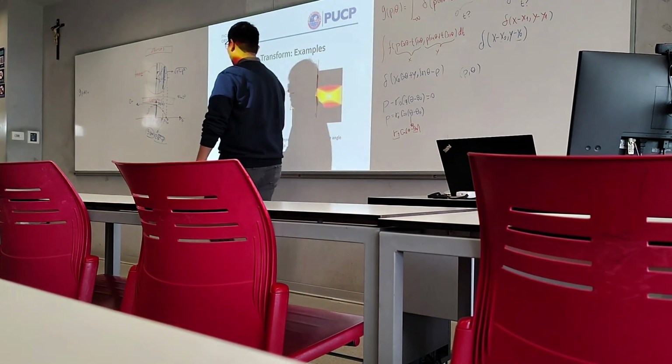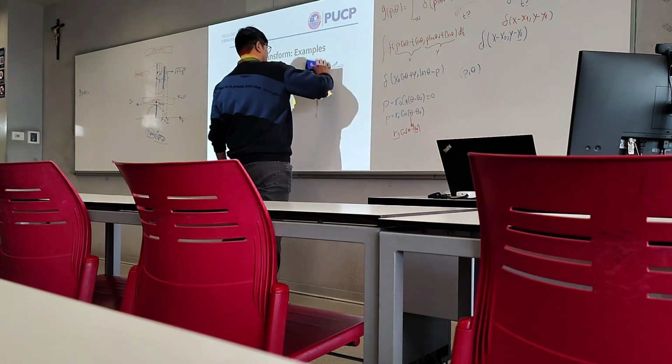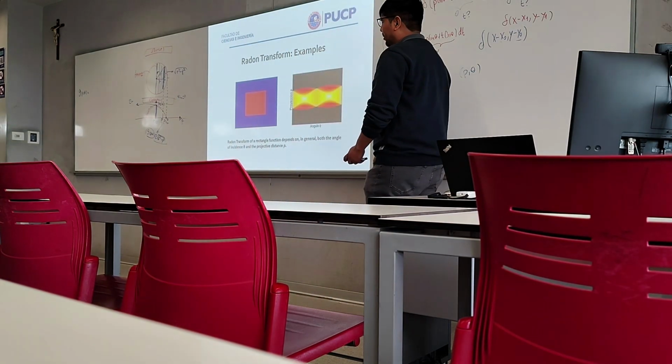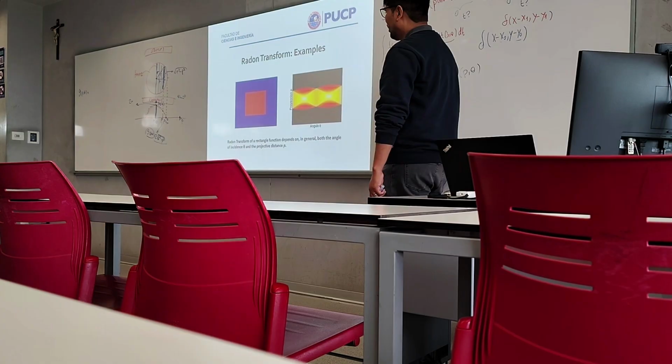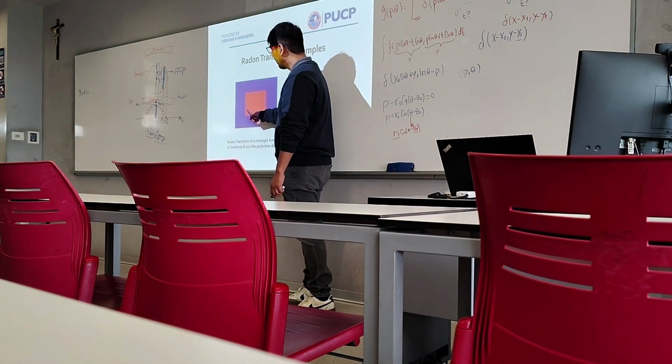In the case of the square, if I ask what the Radon transform is, probably one more time the simplest way will be trying to sum the distances across the angles.